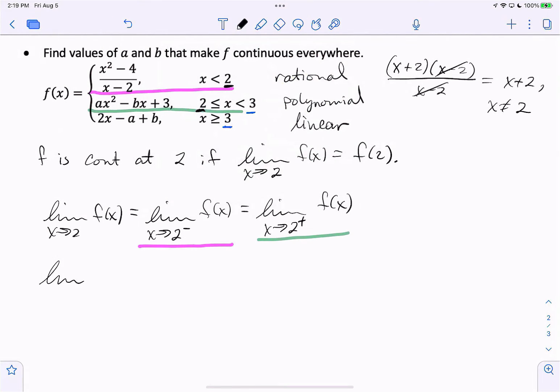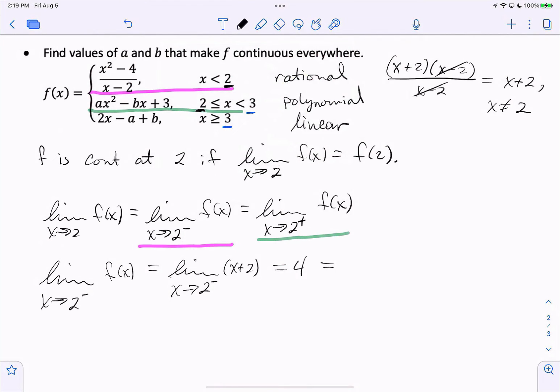So let's look at the limit as x approaches 2 from the minus side of f of x. That's going to be the limit as x approaches 2 from the minus side of the function definition where x is less than 2. The reduced version is x plus 2, and that has a value of 4. Because for a limit to exist, we must have the left-sided limit equals the right-sided limit.